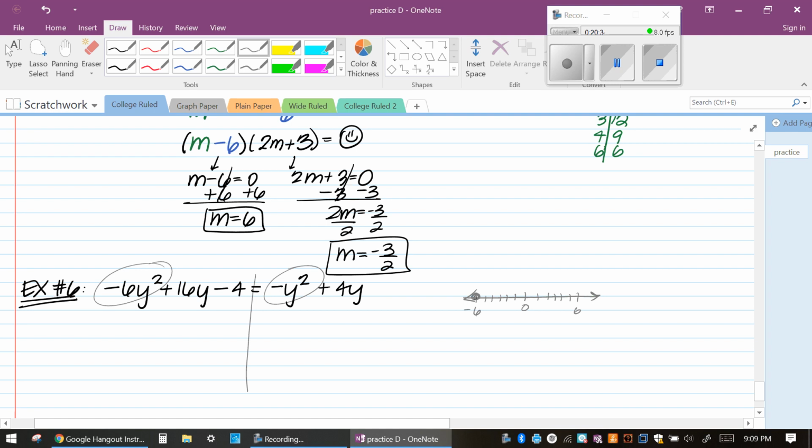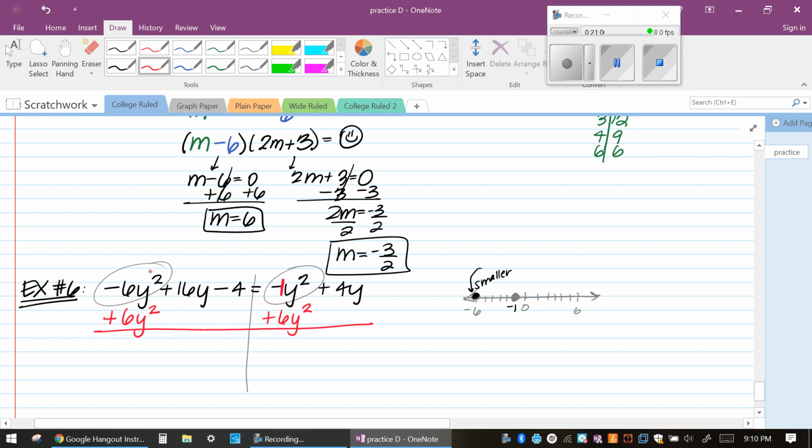Negative 6 is more to the left than negative 1. Remember on the right side over here, there's a negative 1 in front of the y squared. Whichever one is more to the left is smaller. So that means that the negative 6y squared has to move to the right side.